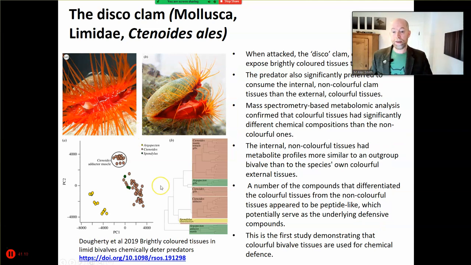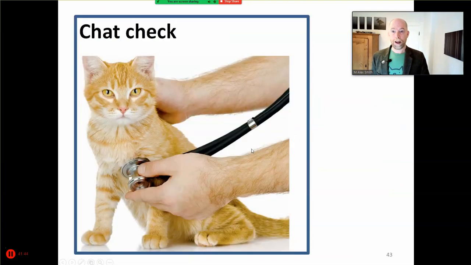And this paper that came out a couple of years ago demonstrates the fact that, this wasn't the first one to demonstrate the reflective silica spheres, but this was the first one that kind of pulled apart the fact that there are compounds that are highly repulsing towards different predators, like the mantis shrimp. So the disco clam, amazing.